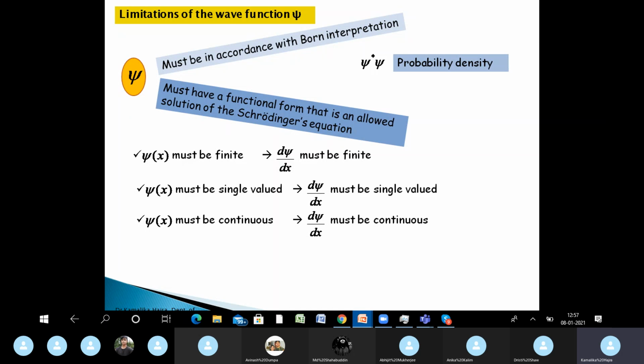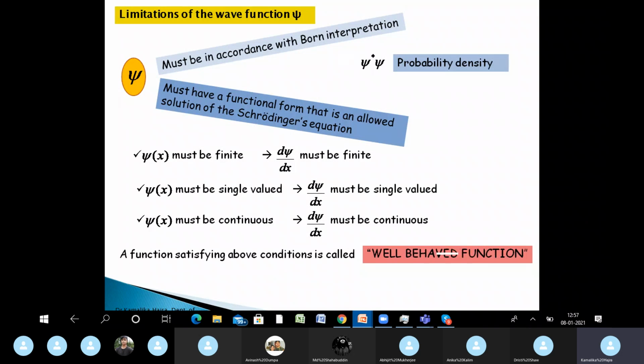Okay, so these three are the mandatory conditions that must be satisfied by a function psi so that it may be a possible solution of the Schrodinger equation representing a particular particle. A function that satisfies the above conditions is called a well-behaved function.